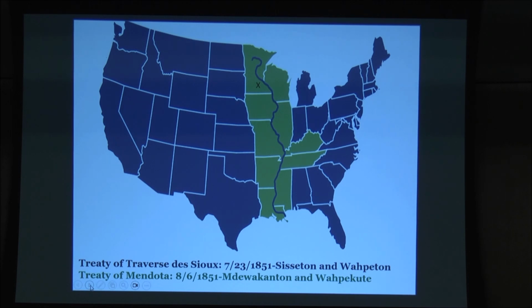And this treaty was between the Mdewakanton Band and the Wapakute Band of the Dakota people. And the Mdewakanton Band is the band of Dakota that lived in the Lake Minnetonka area. So when this treaty is signed, it opens up millions of acres of land west of the Mississippi River, and is kind of the time when settlement is about to begin.